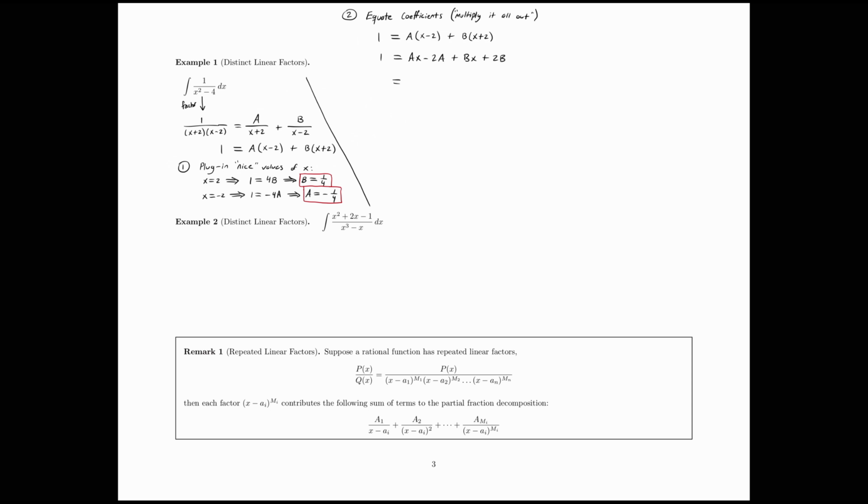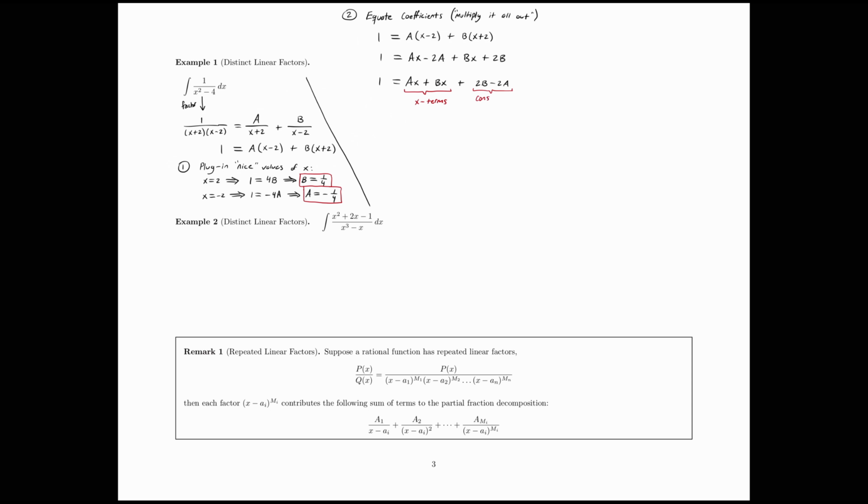Then I would get my x's together. So I have ax plus bx, my x terms, plus my constant terms, 2b minus 2a.